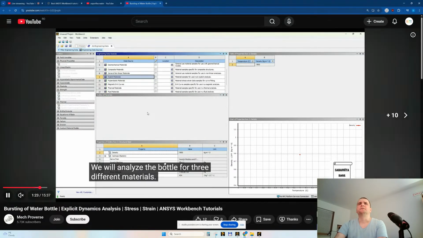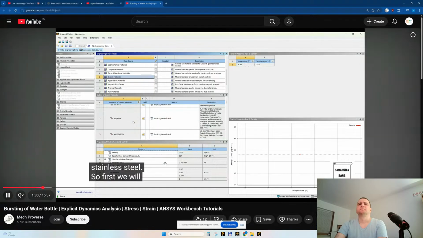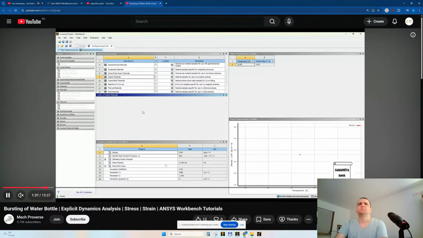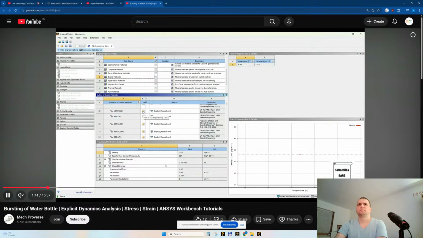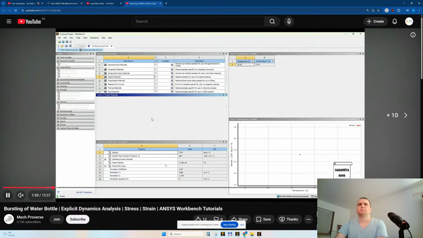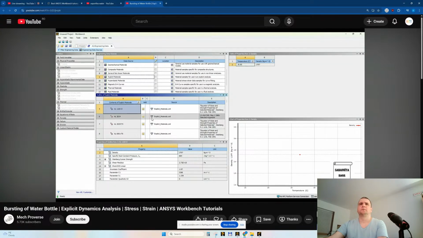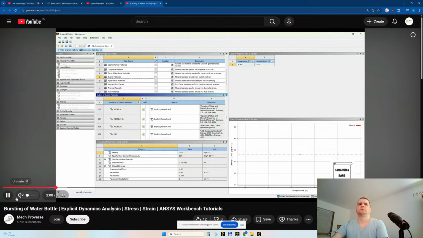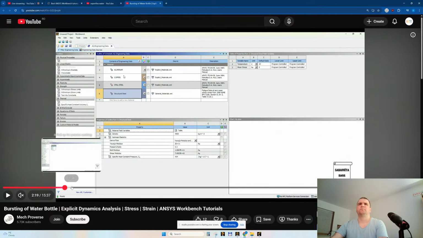Explicit materials, aluminum, and aluminum, copper, stainless steel.